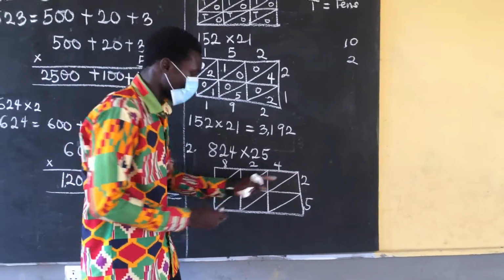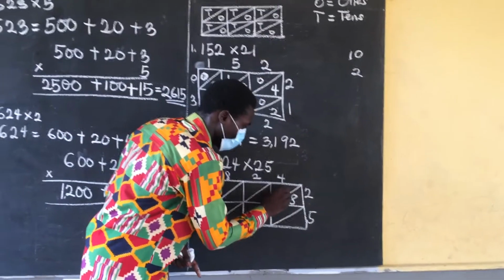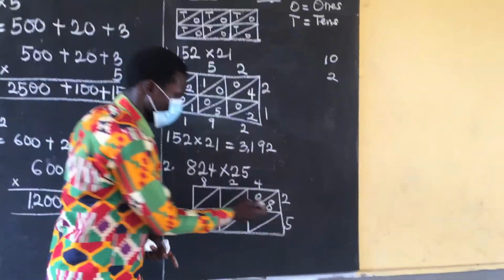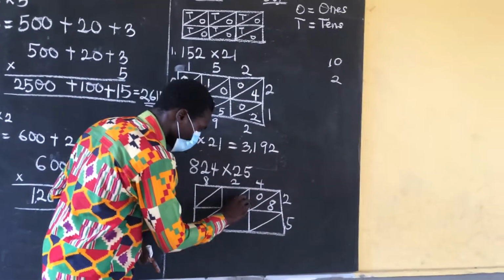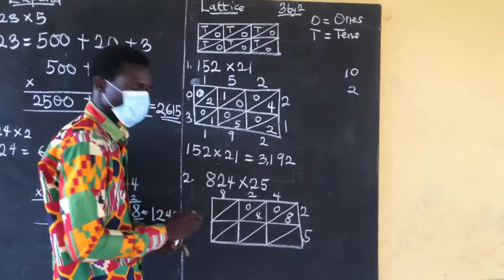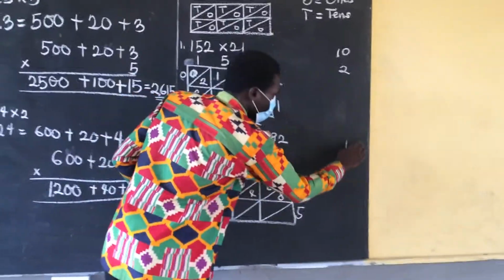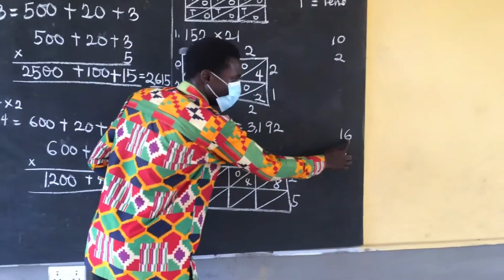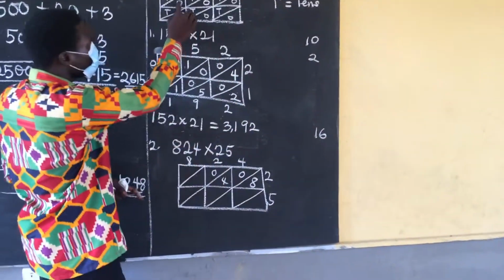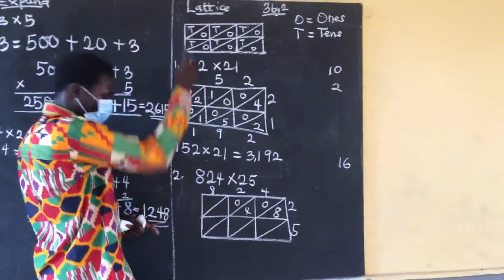2 times 4, 8. No tens, so 0. 2 times 2, 4. No tens, so 0. 2 times 8 is 16. With 16, that is my ones, this is my tens. So it says 1 should be here, 6 should be there.